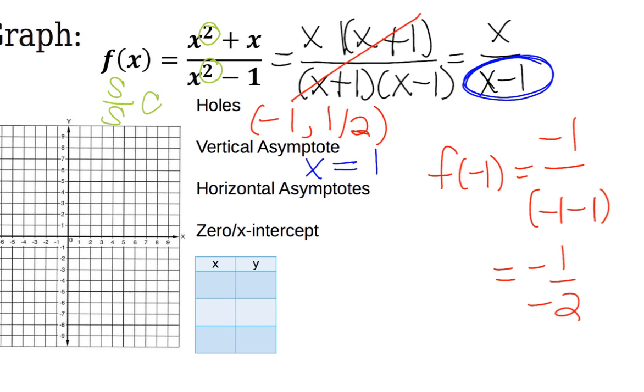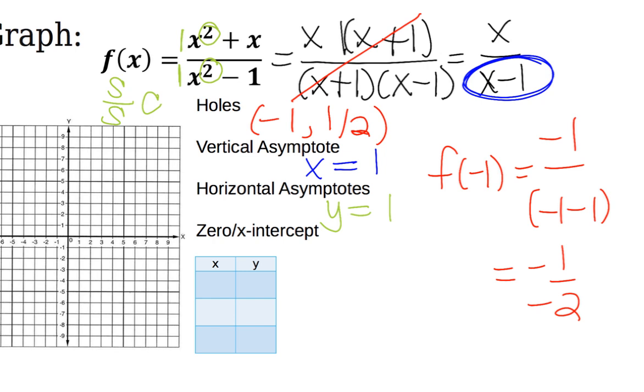And there's no numbers out in front, so it's just our ones. So 1 over 1 is going to be what our horizontal asymptote is, which is just going to be y equals 1.